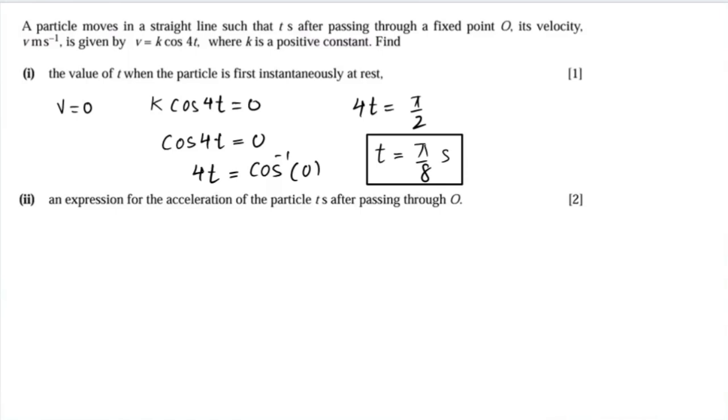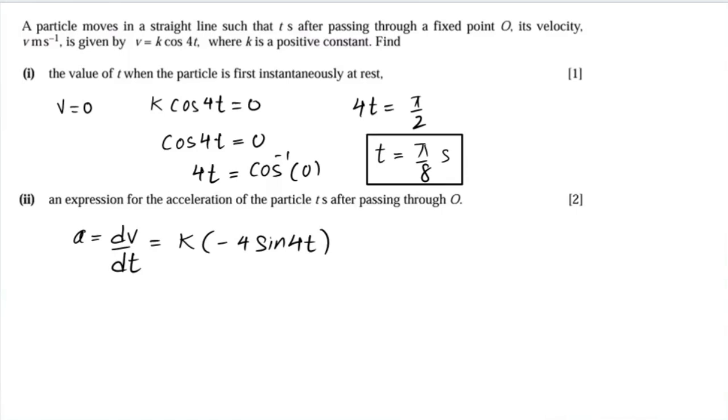Part 2: an expression for the acceleration of the particle t seconds after passing through O. We need an expression for acceleration, so we differentiate the velocity. So this will be k times negative 4 sine of 4t. You might be thinking, what just happened?